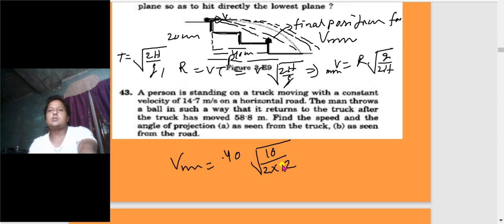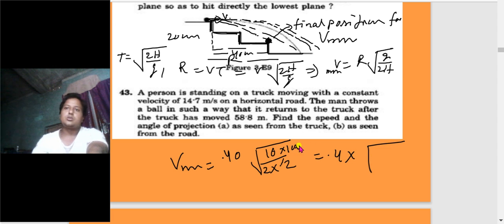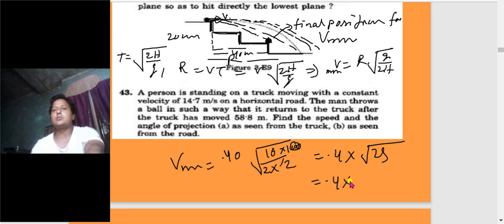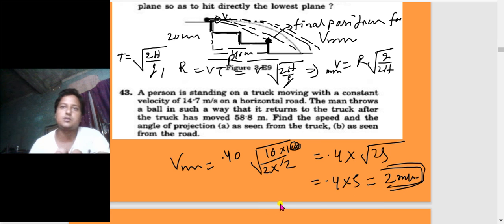That equals 0.4 multiplied by under root 25, so 0.4 multiplied by 5. So 2 meter per second is the required speed.